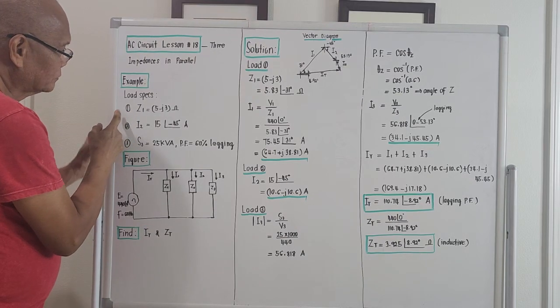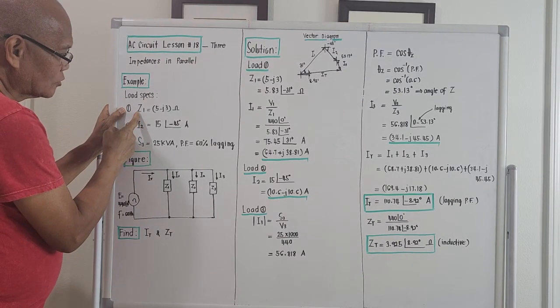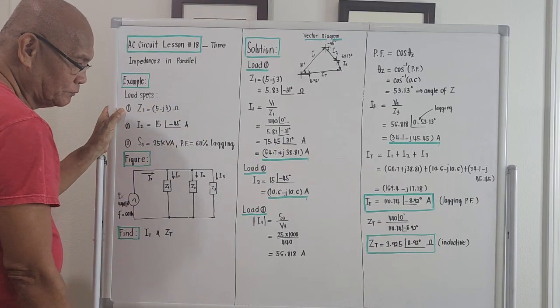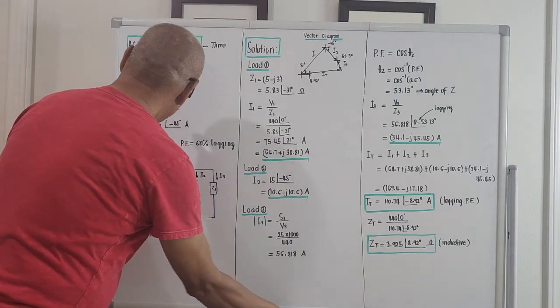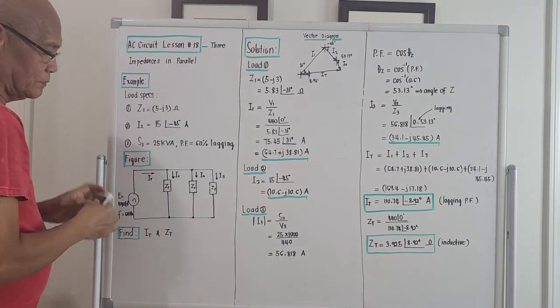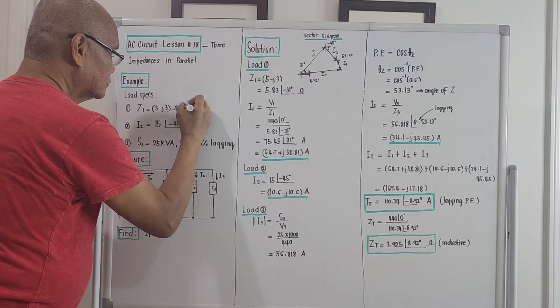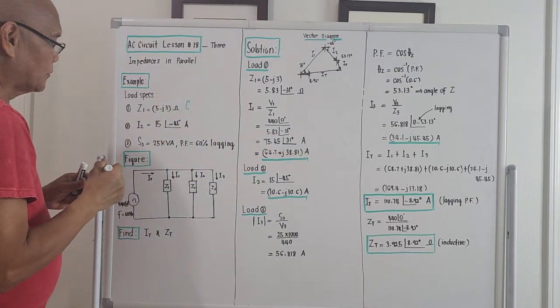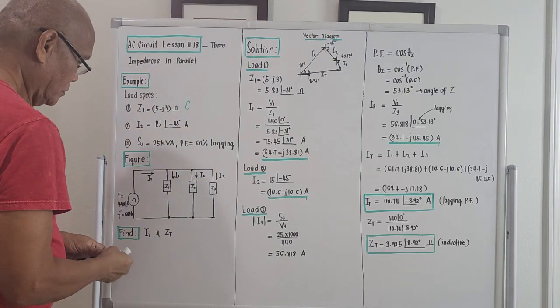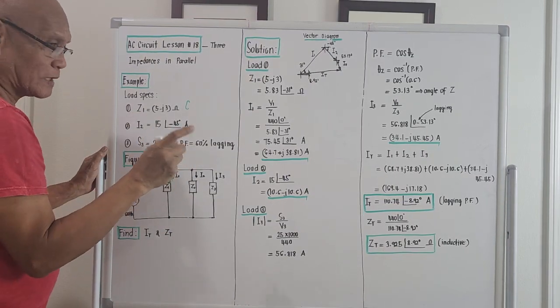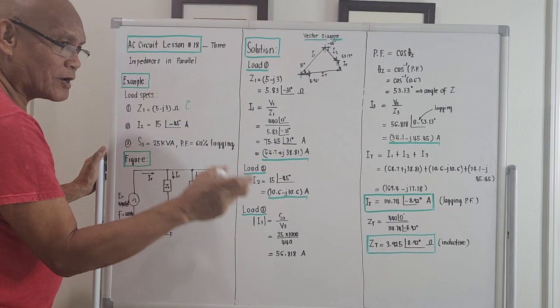Load number 1, the impedance will be designated by Z1. This is 5 minus j3 ohms. Okay, so this is capacitive. For load number 2, instead of giving the impedance, what is given for load number 2 is the current.